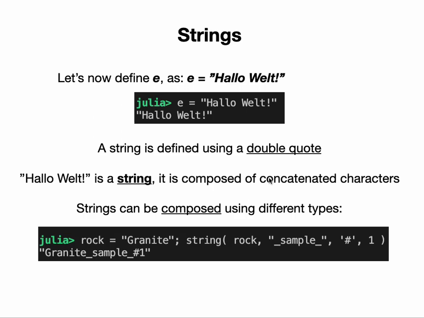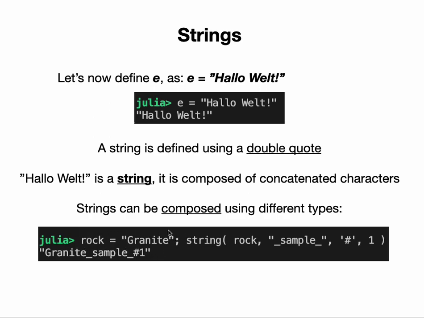How to compose a string? You can compose it using different types. In this example, we're going to construct a string which we will call rock. This string rock receives the word "granite", so we use the double quote.